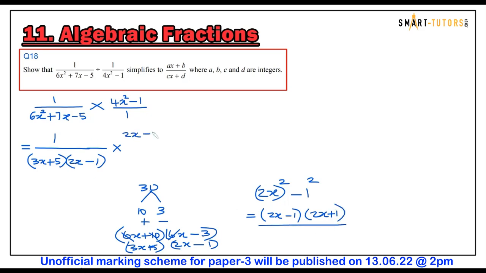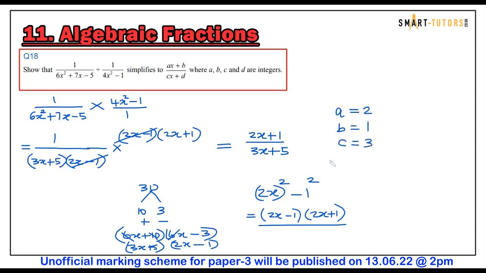So 2x minus 1 in one bracket and 2x plus 1 in another bracket. 2x minus 1 cancels out, and the final answer becomes 2x plus 1 over 3x plus 5. So we have found the answer. A is 2 and B is 1, C is 3, D is 5. So A, B, C, D is given. So that is question number 18.